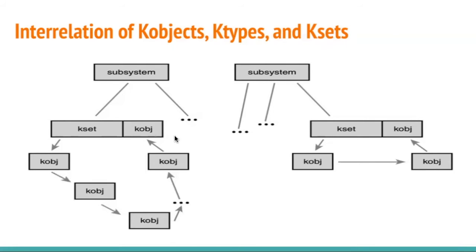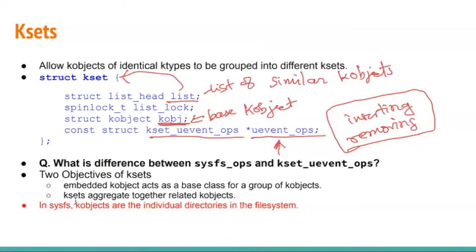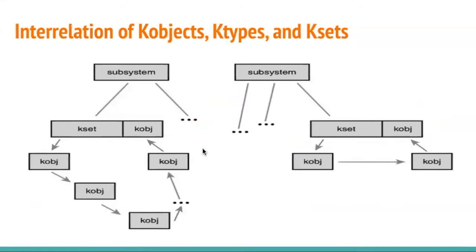If you want to represent this in the sysfs file system, at that time it will be a directory. As in the previous slide we saw, k objects in sysfs are individual directories in the file system. So here you can say this is directory 1, and within this we will have multiple directories 1, 2, 3 and 4.